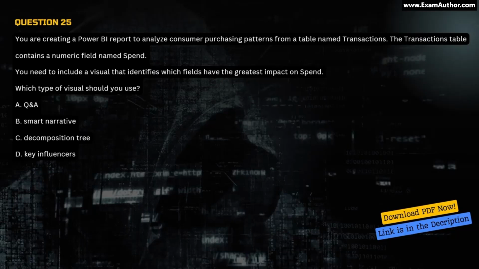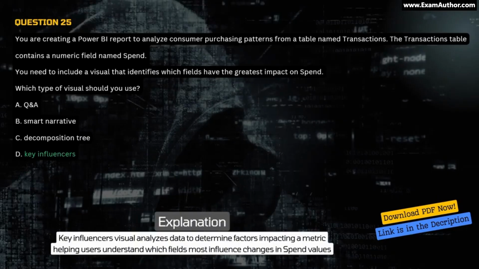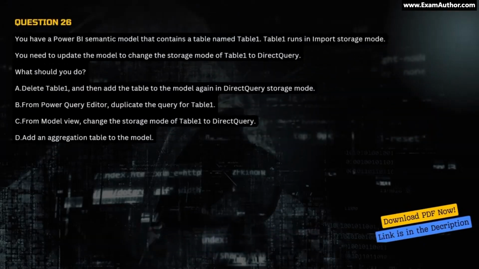B. Smart narrative. C. Decomposition tree. D. Key influencers. Correct answer D. Key influencers. Explanation. Key influencers visual analyzes data to determine factors impacting a metric, helping users understand which fields most influence changes in spend values.